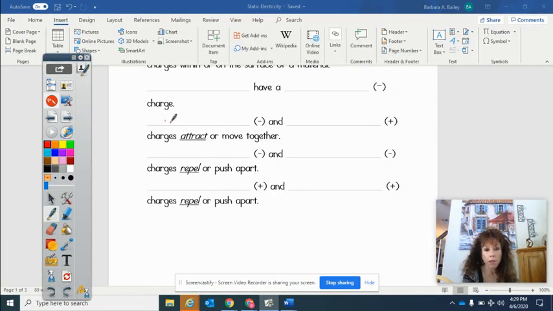And then here we're going to put blank, and blank charges attract or move together. So remember the minus stands for negative. So I'm going to write that here, negative.